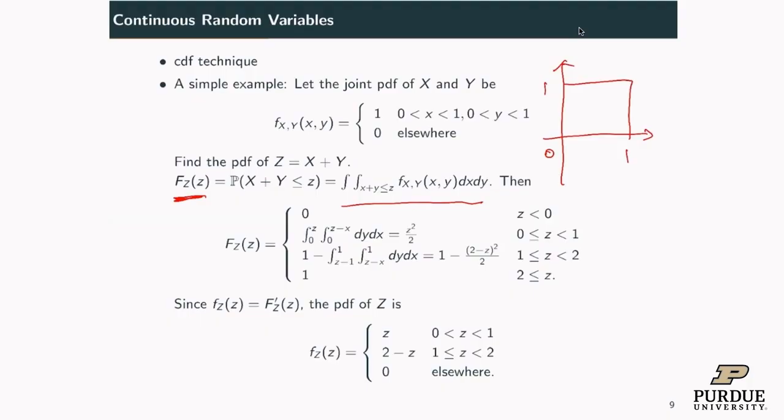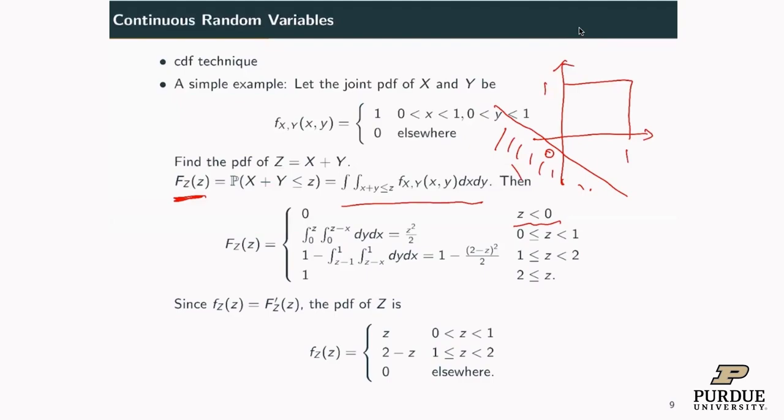So there are different situations for X plus Y less than or equal to z. For example, if z is less than 0, X plus Y less than or equal to z is here. There is no overlap with the support, so the integration is 0. Among this region, f is 0.